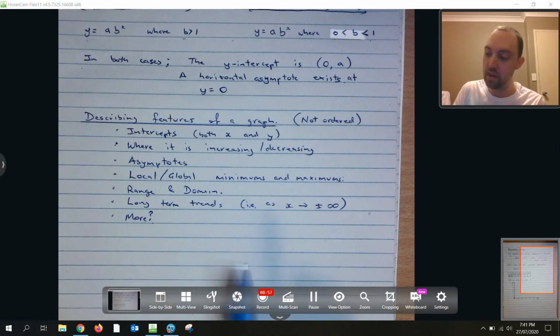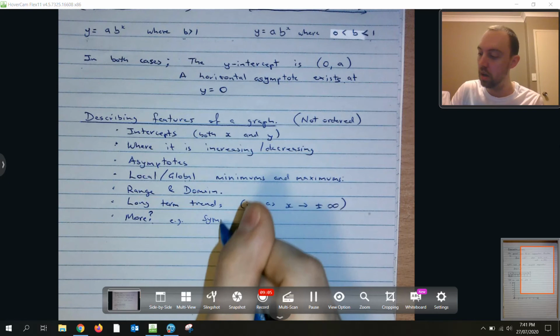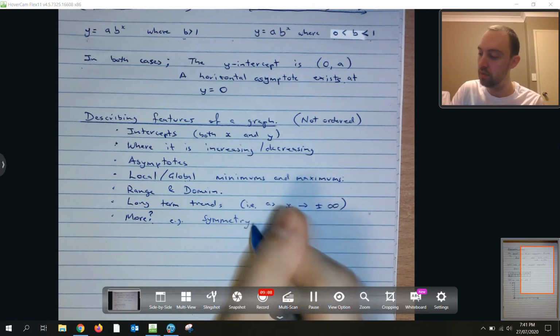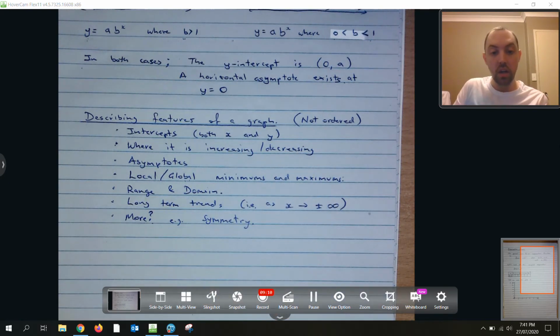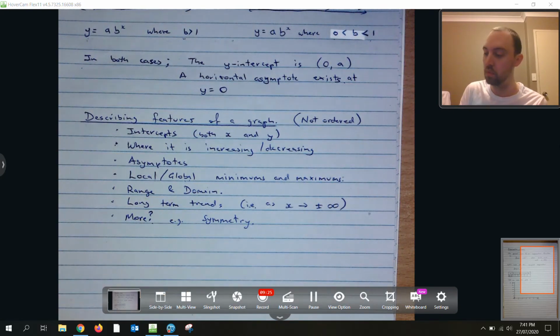Any other interesting features you might like to address, there's nothing wrong with adding them on. You could talk about symmetry. Gotta make sure that I do two m's of symmetry. So there might be some sort of axis of symmetry, usually with your parabolas. But that's generally what's meant by describing features of a graph. Addressing when, where it happens, how much it happens.